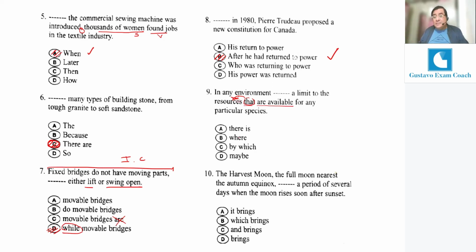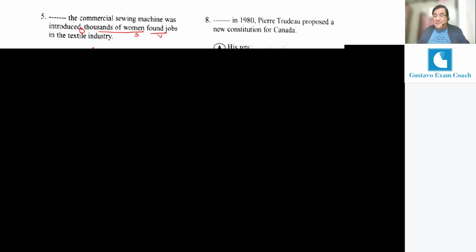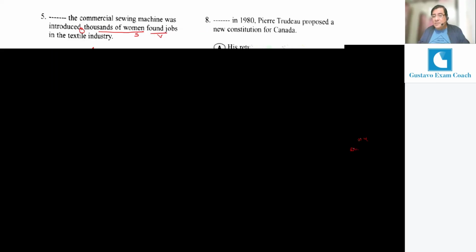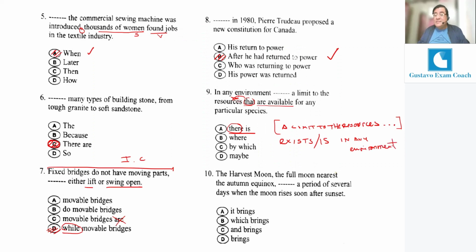But if we plug in there is, okay, there is a false subject, which means the true subject is a limit to the resources, which is or exists in any environment. The meaning of there is a limit to the resources here, all of it till the end of the sentence, is that the true subject exists or is in any environment. That would be the true meaning of the sentence, right? So there is our best answer choice.